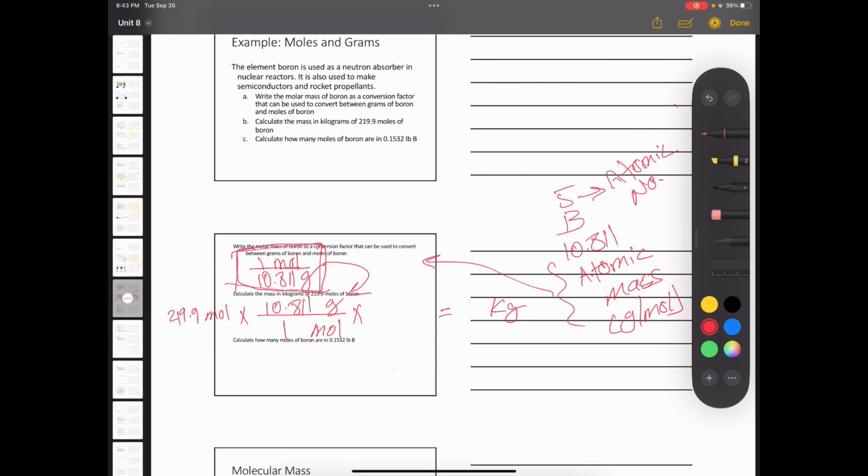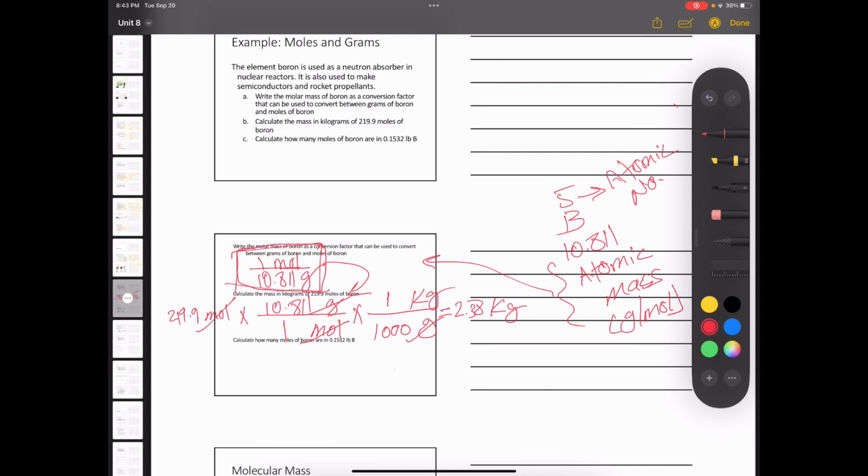I'm not finished yet because I need to convert the grams into kilograms. And we know from our metric system that 1 kilogram would equal 1,000 grams. So now my moles cancel out with moles, the grams cancel out with grams. Now you multiply everything together, you crunch it into your calculator, this will be equal to 2.38 kg, okay?